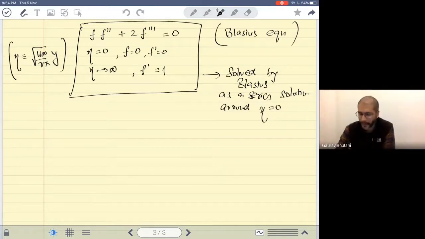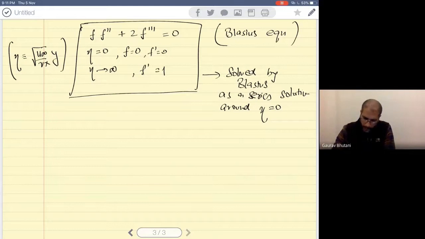I won't write that here, but later in this lecture, when I start solving the energy equation for my temperature, I will write this solution. But remember that this f was obtained by solving this as a series solution around eta equal to 0.